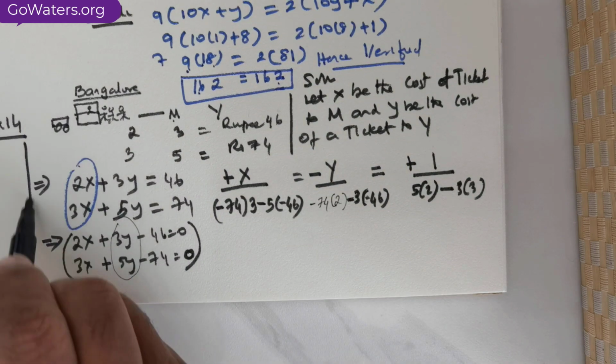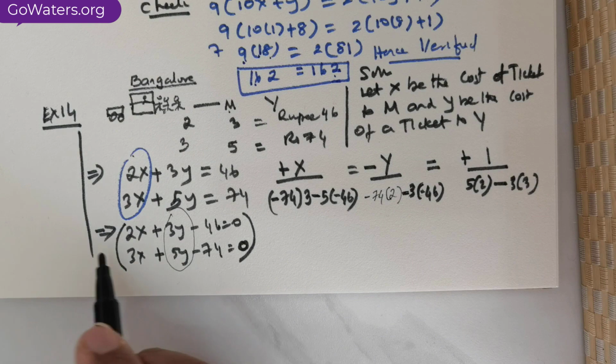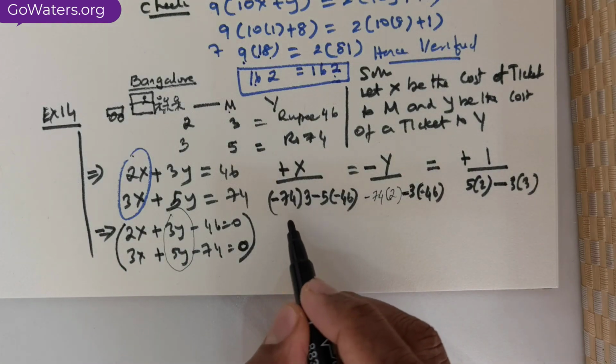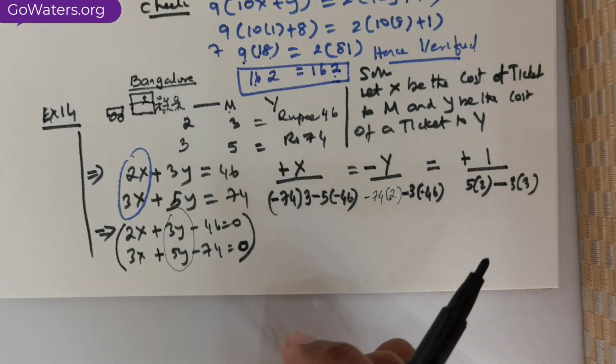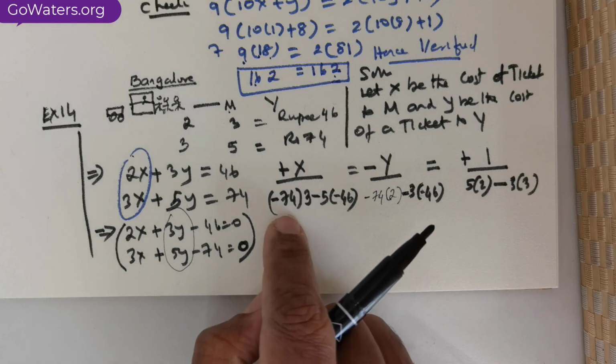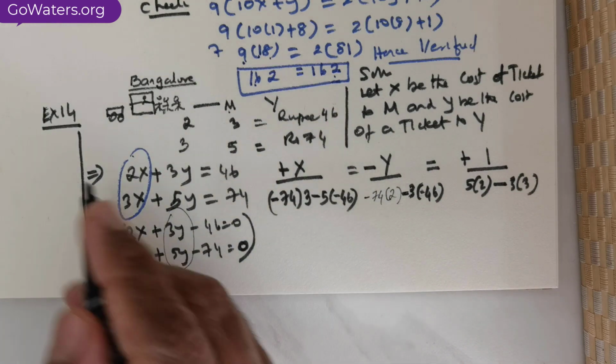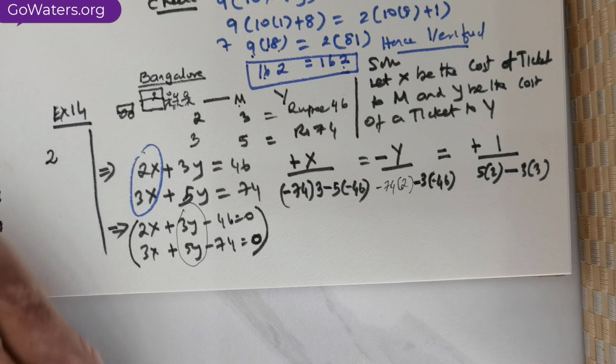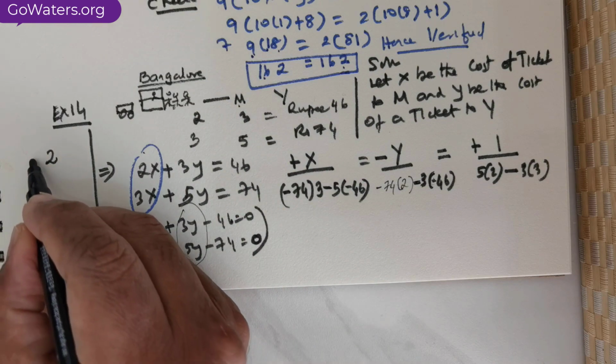Now I'm using this rough side to multiply the quantities. So 74 times 3: 3 fours are 12, carry 1, and 7 threes are 21, 22.